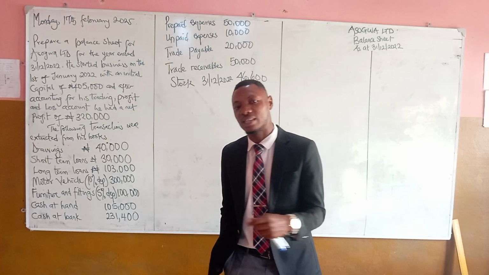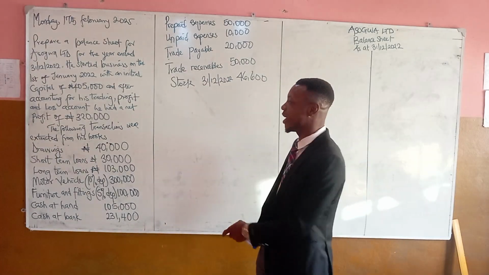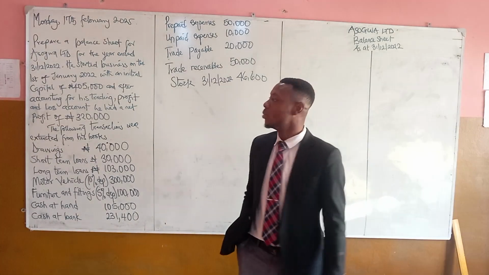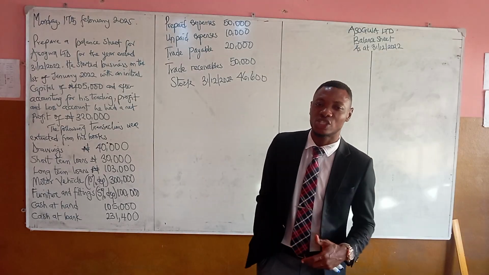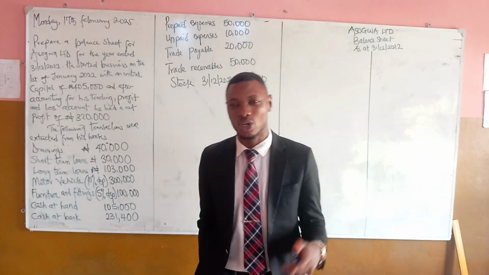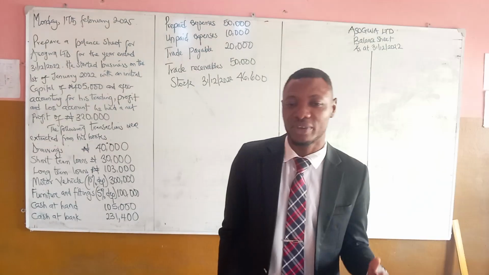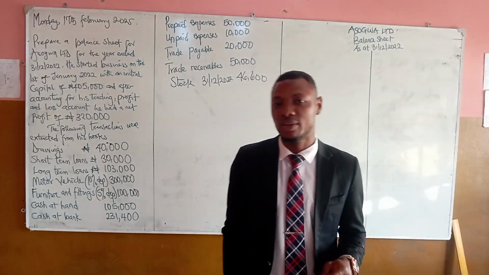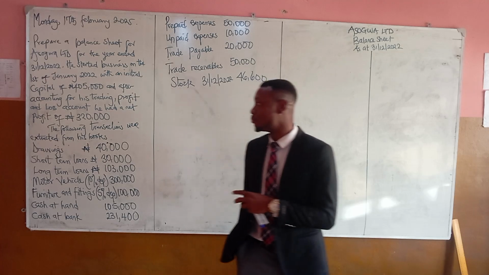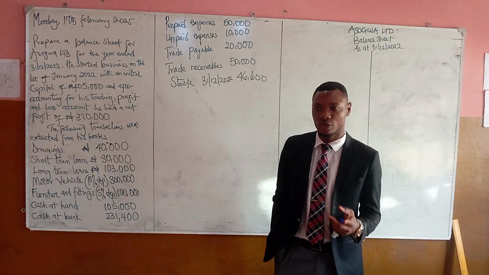And once the net profit has been ascertained, it is brought forward to where? To the balance sheet. Now, going forward, preparing just the balance sheet, it means that the net profit has already been ascertained and we already have that figure. Now that we have the figure for our balance sheet, we should just go straight to the posting.